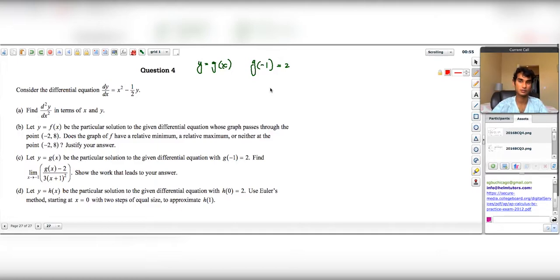That's well and good, and that's a great strategy for finding g. But here's my question to you: what if you do all of that and then you end up plugging -1 into g only to find out that it's 2, so you have 2 minus 2 over 0? That would have been all. Okay, that's funny. Yeah, you wouldn't want that.